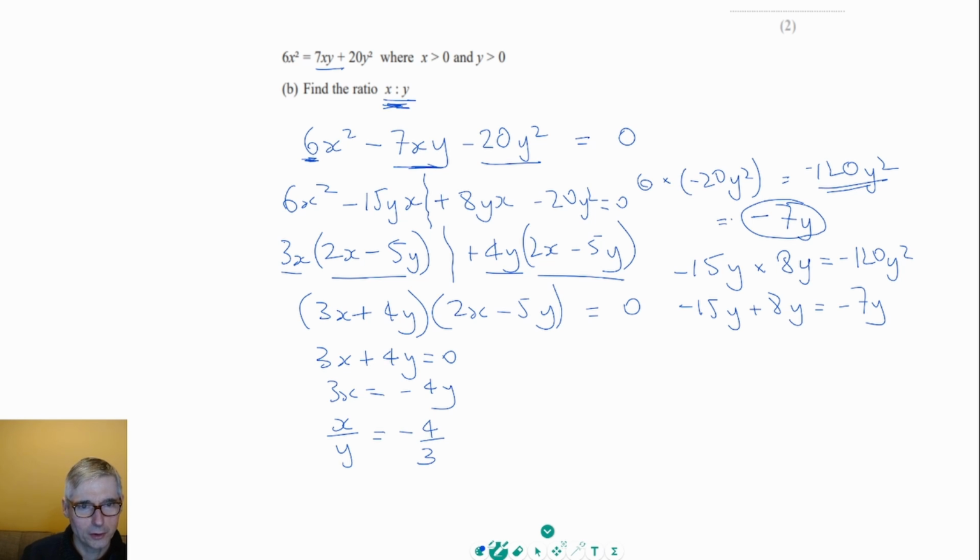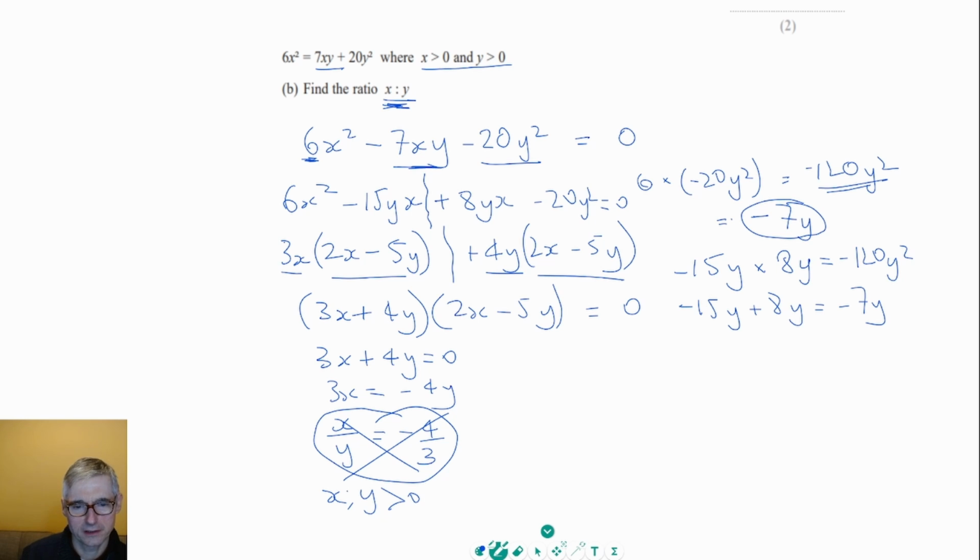Now it tells us that both x and y are greater than 0, so we can't have that. We can discount that one, since x and y are both greater than 0.